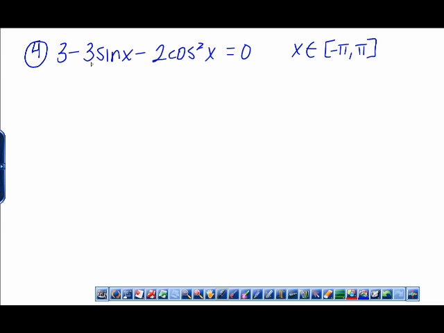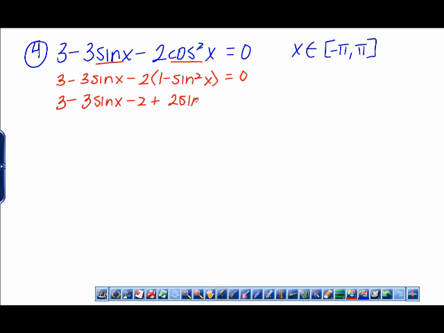It looks like this is a trinomial that I possibly could factor, except that I have a sine here and a cosine squared there. So the first thing I'm going to do here is plug in a 1 minus sine squared. And let's go ahead and figure out what we have left here. We have 3 minus 3 sine x, and then minus 2, and then plus 2 sine squared x is equal to 0.